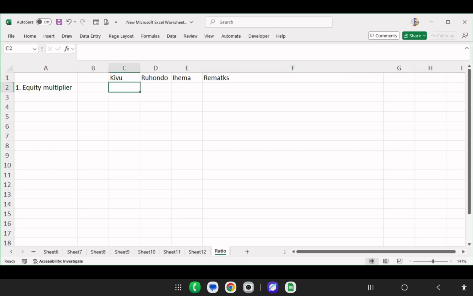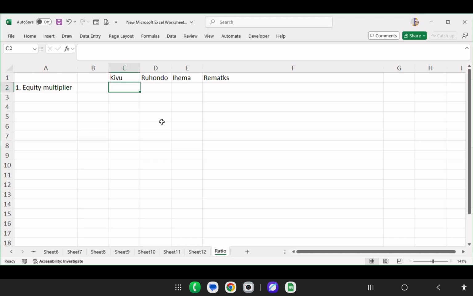So we have the first ratio. We talk of the equity multiplier. It is given by the total assets compared to the equity. So we take the total assets over shareholders' equity.